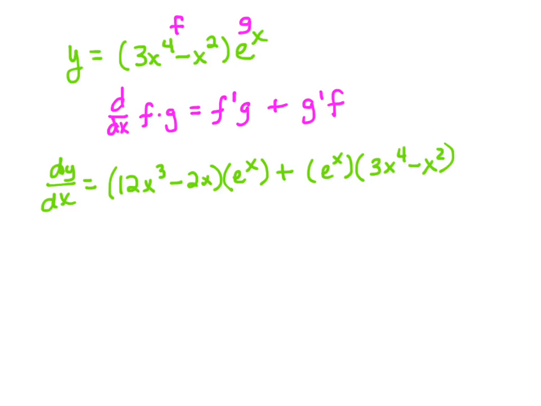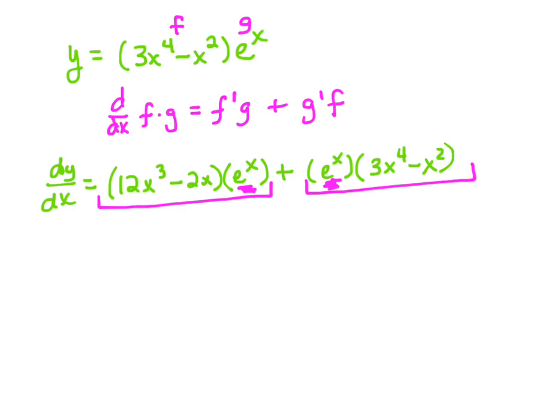So at this point, whenever you have a product involving an exponential, notice I've got two terms here. This is all a term being added to this term, and they both have an e to the x. And that's what happens when we do product rule involving an exponential, because the derivative of the exponential function is itself. And so you're going to end up with an exponential function in both terms.